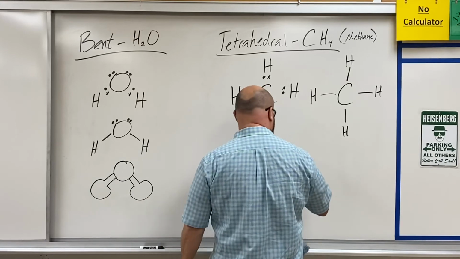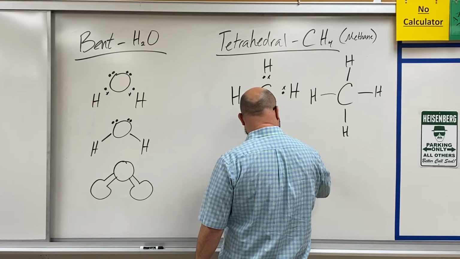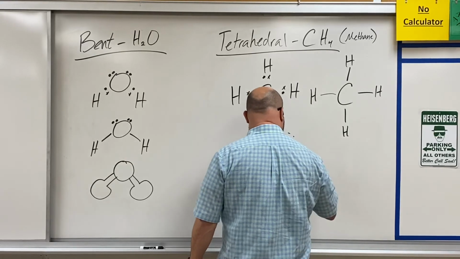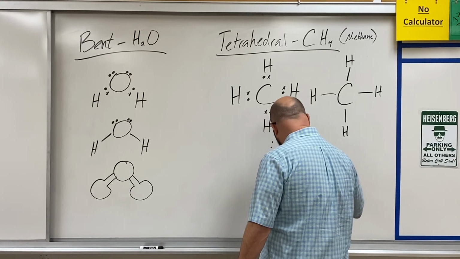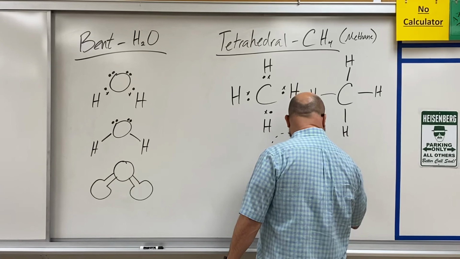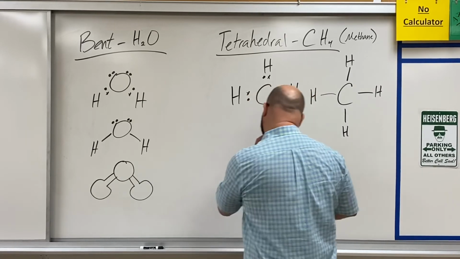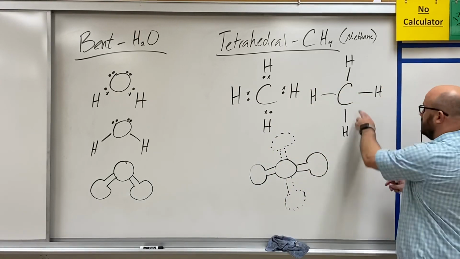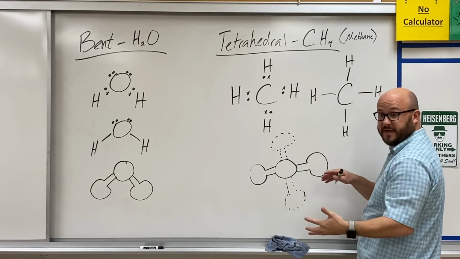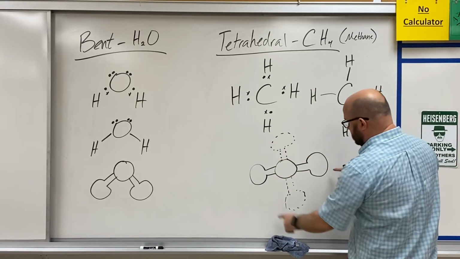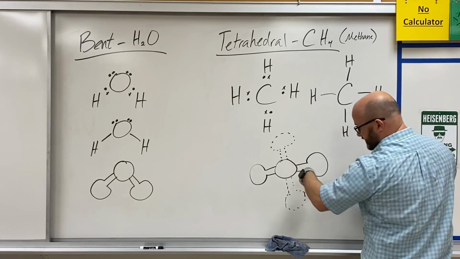So you've got your central atom, and then you've got 4 offset atoms, or the hydrogens, sticking off, but they're going to separate as far as possible. So these 2 would be sticking out straight. This one would be sticking up. This one would be sticking down.